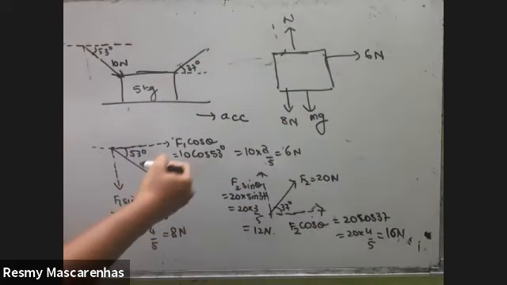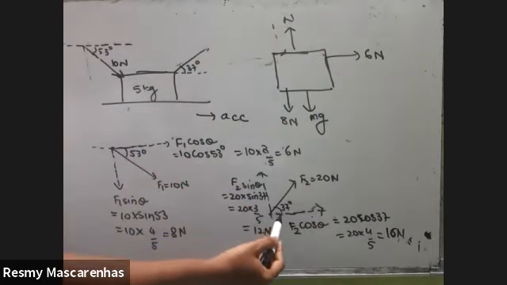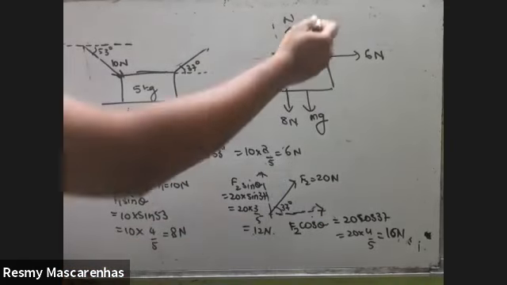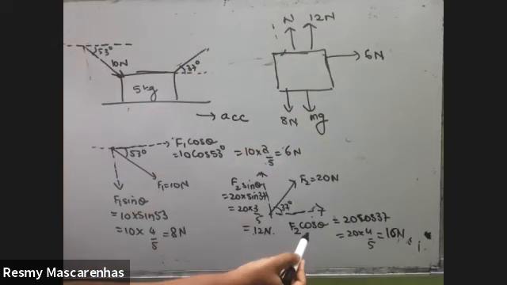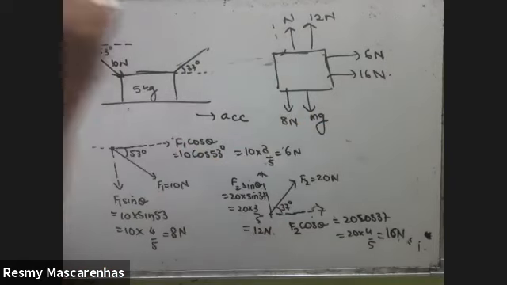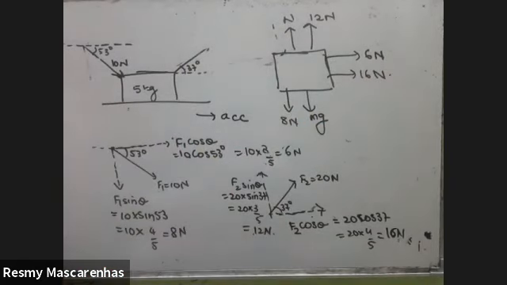Then this is done. Look out for this. This is going upwards. Upward means 12 Newton is going up. And this side is horizontal. So horizontal is 16. So this is the final diagram.